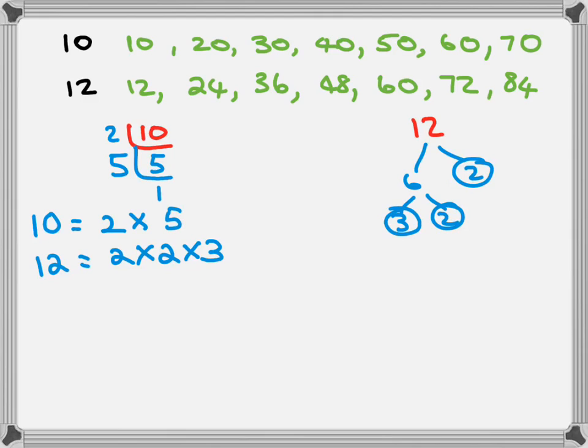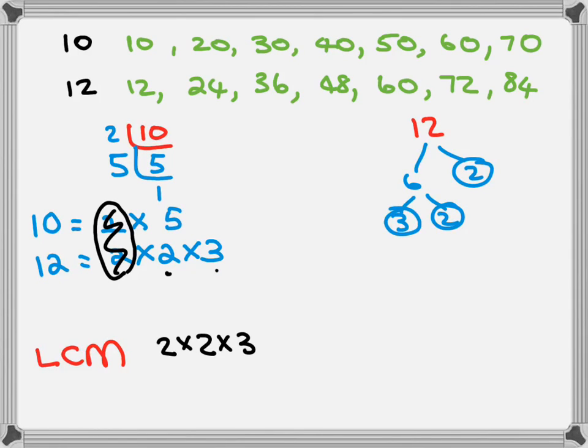Now the way that we work out lowest common multiple is slightly different to the way we worked out greatest common factor. We're still going to match. You can say 2, and then times, you're going to count this 2 only once. 2 over here, you're going to use all of them, times 3 times 5.